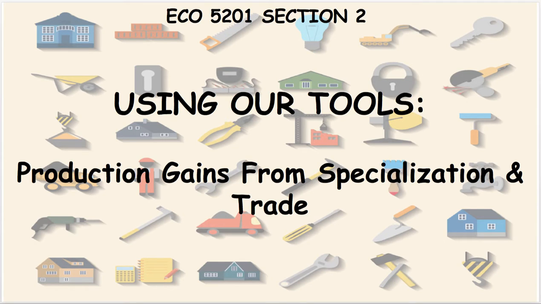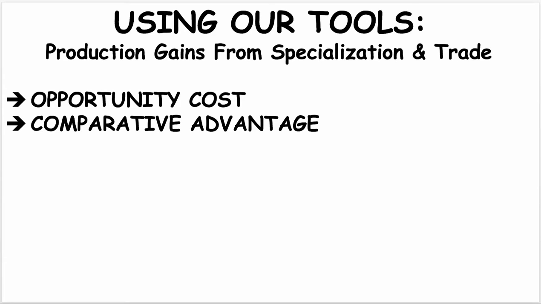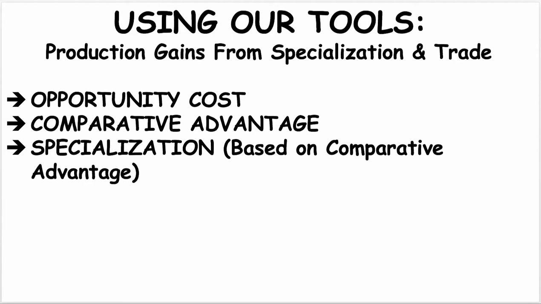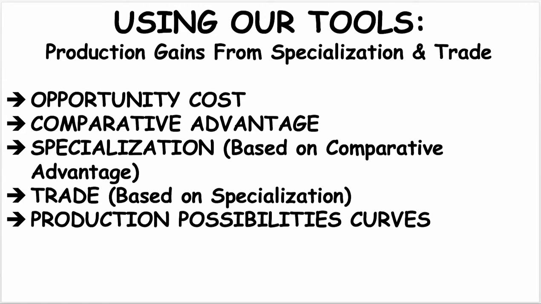Okay, let's take some of the concepts and tools that we've learned and see what we can do with them. We've learned opportunity cost, comparative advantage, specialization based on comparative advantage, trade based on specialization, and production possibilities curves.